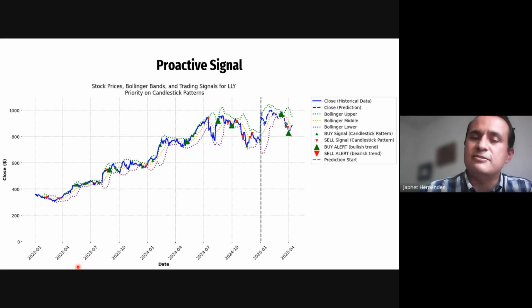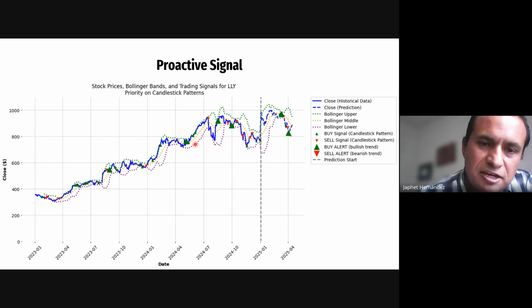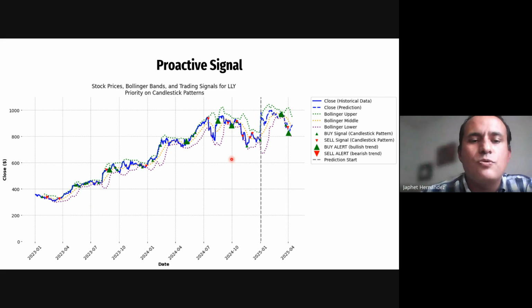When we say lower, it is very negative. When we confirm those candlesticks with that signal, we indicate it with very big signals.